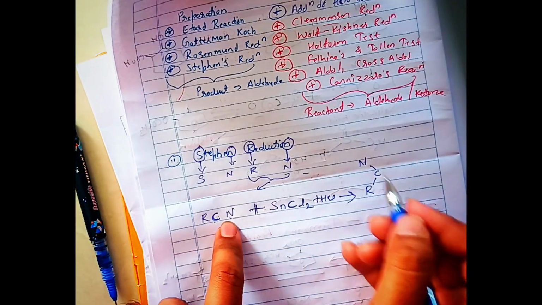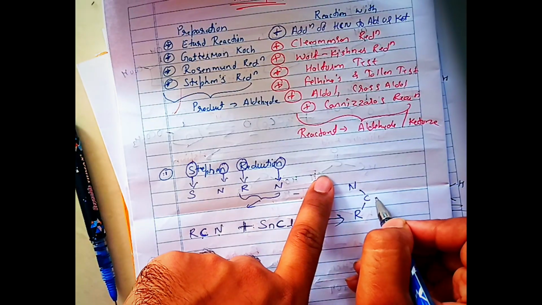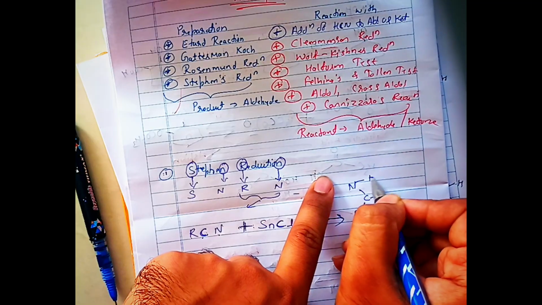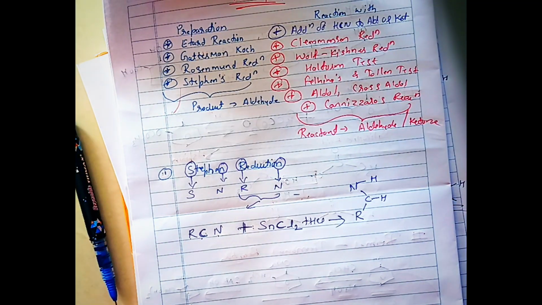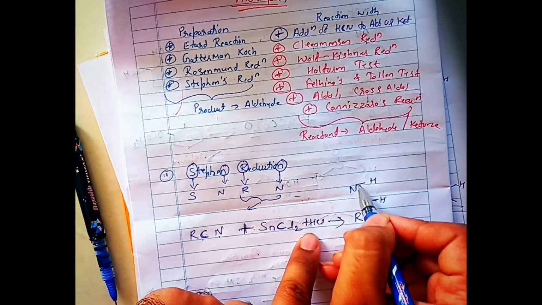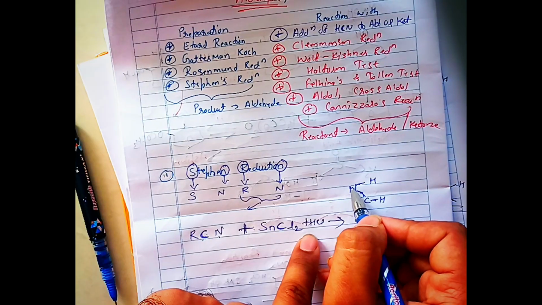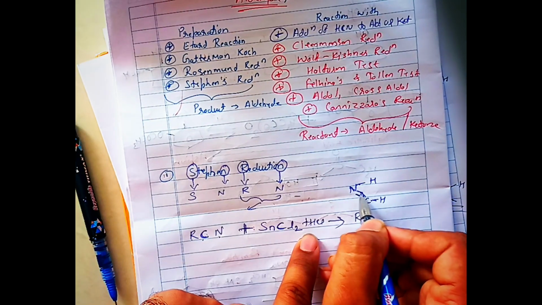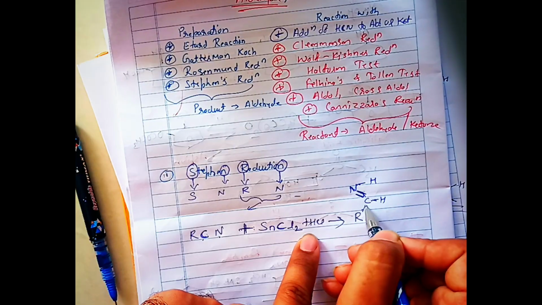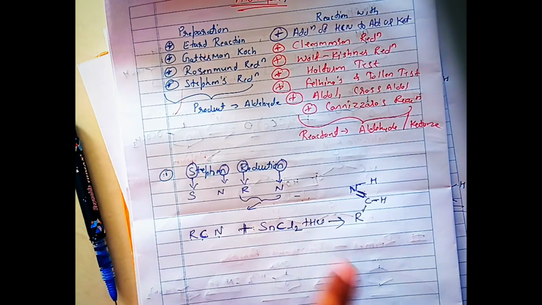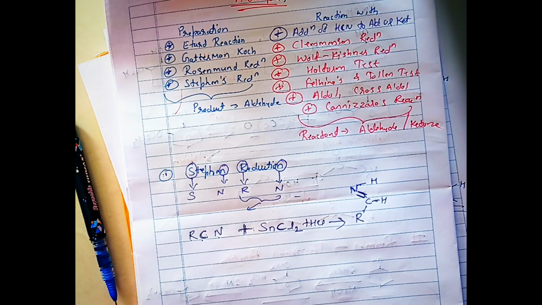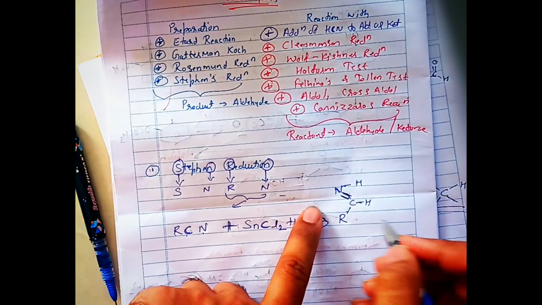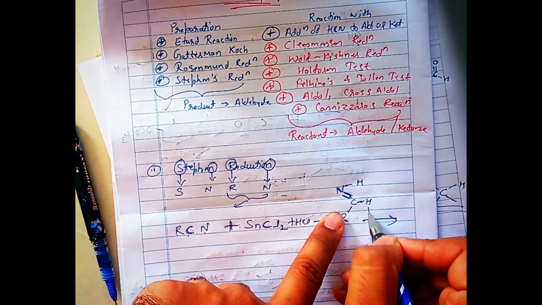On both sides I will add H and H. Now see here, nitrogen wants another bond, carbon wants another bond, so I will write a double bond here, and the valency is done. This will be the intermediate.